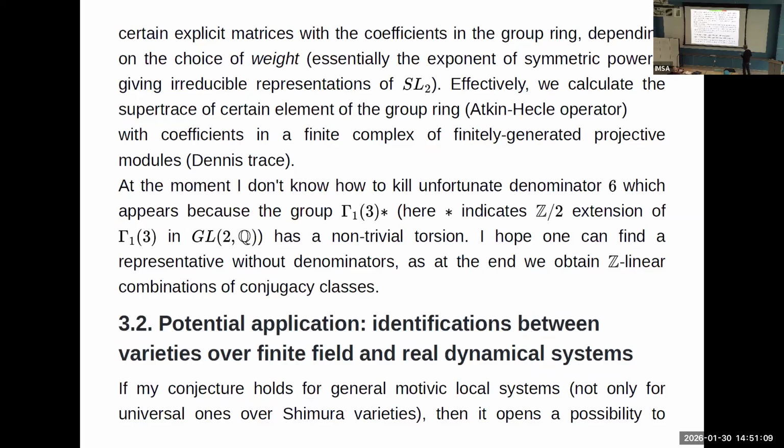So if you want to do the calculation for a modular form of a certain weight, it corresponds to a symmetric power of this representation of the symmetric group. And what is going on? You get this congruence subgroup Gamma 1, 3. In fact, it already has some little torsion, but unfortunately you should also add two-torsion, and it's unavoidable.